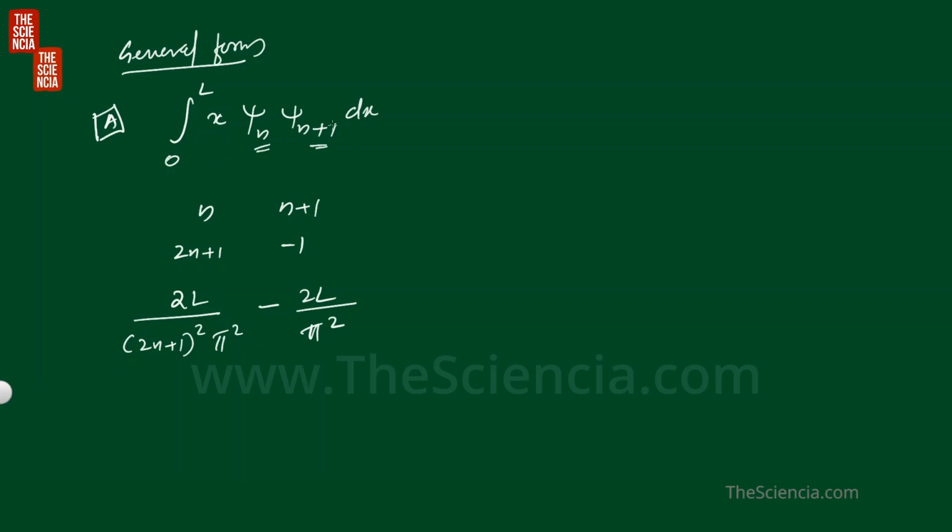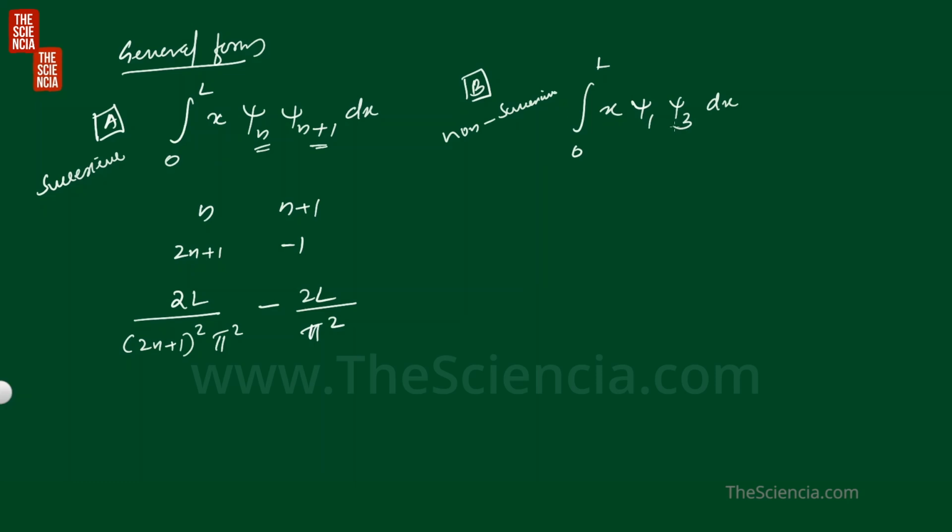This is the case for successive wave functions, and another is non-successive. What will be the integral value? That is, the integral from 0 to L of x psi 1 psi 3 dx.